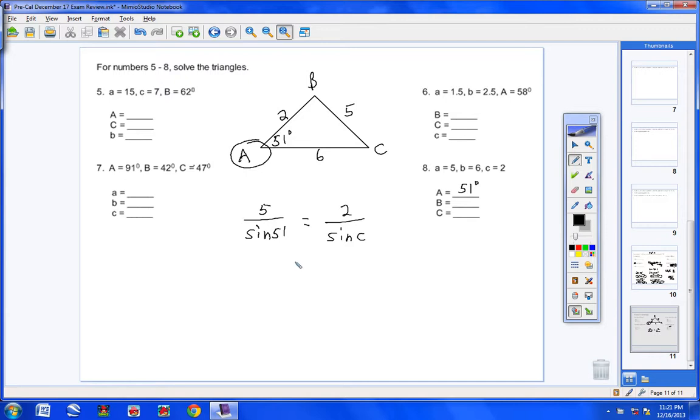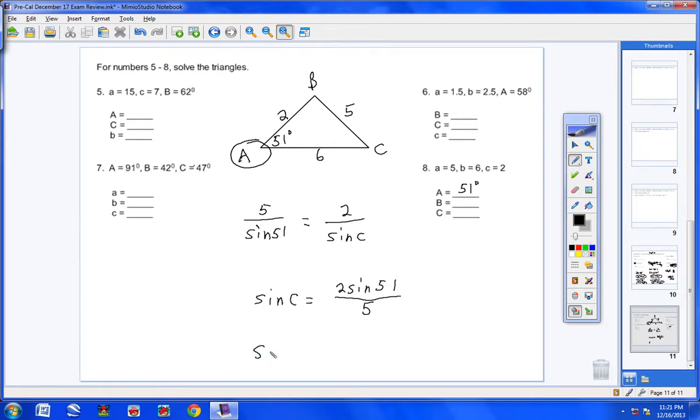Now if we cross multiply, we're going to end up with 5 sine of C equals 2 sine of 51. And then we're going to divide both sides by 5. So there we go.